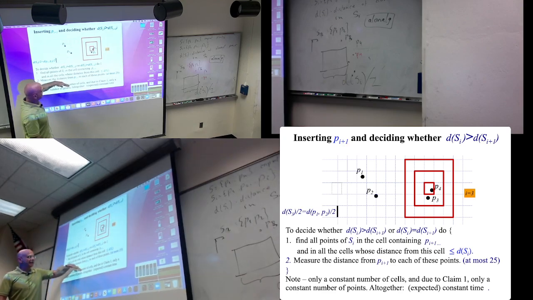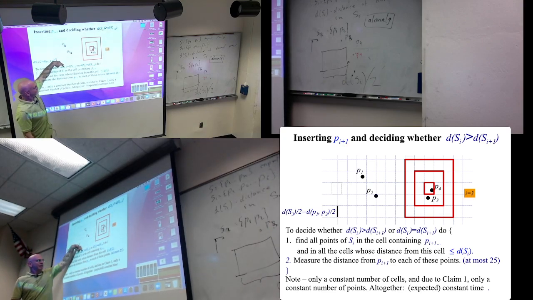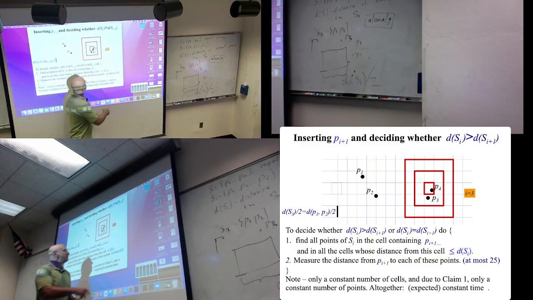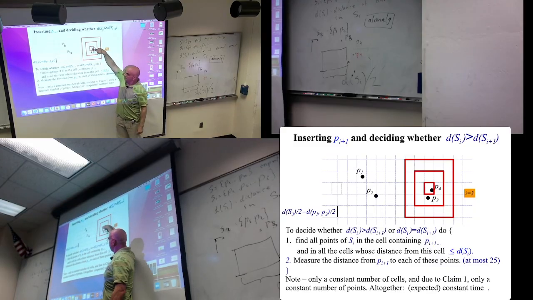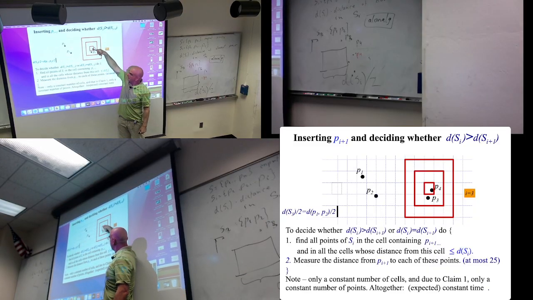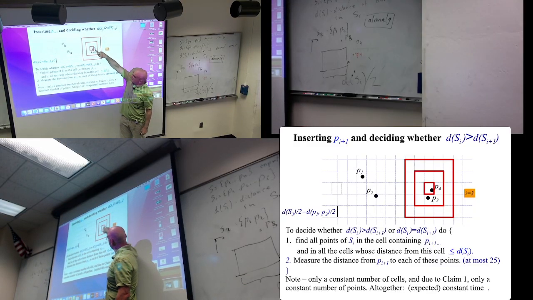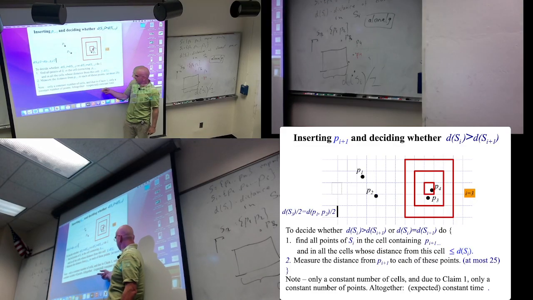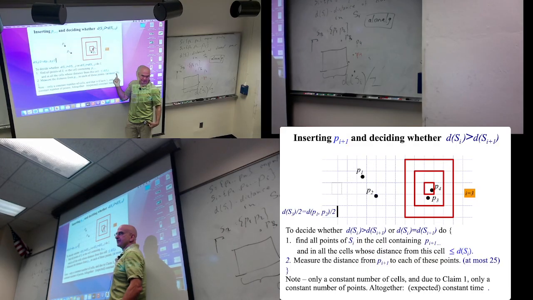To summarize what's happening here, to determine whether d over si is strictly decreasing or stays the same, I perform a query in the cell of P(i+1) plus the cells which are just around it. It was 25 queries. In the homework, I'll ask you what happens in 3D.